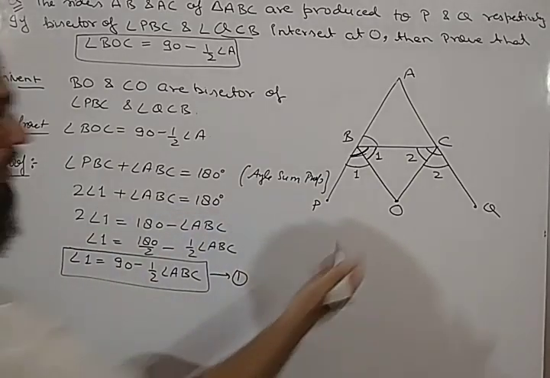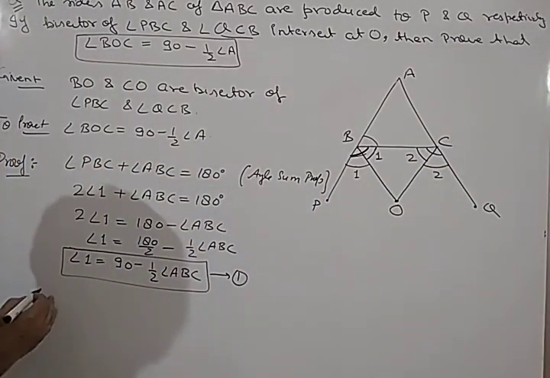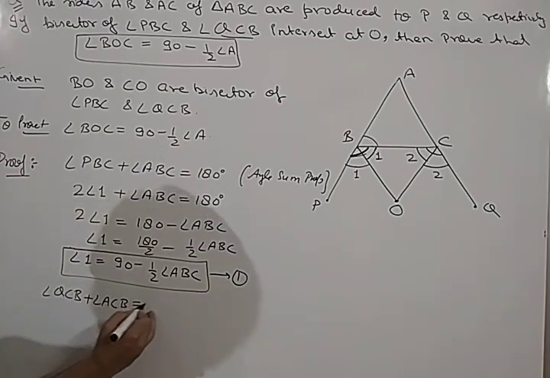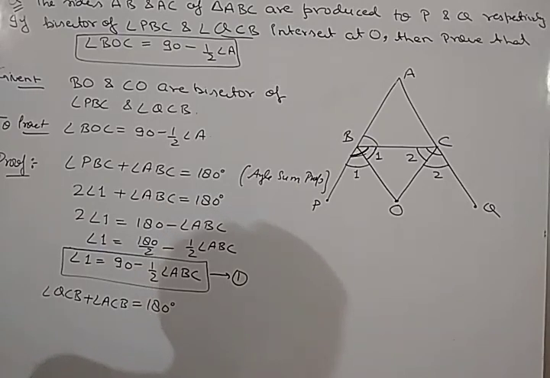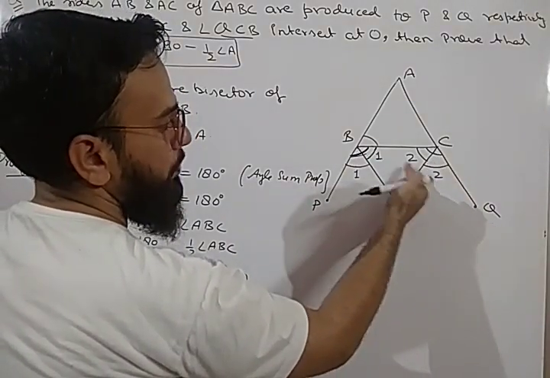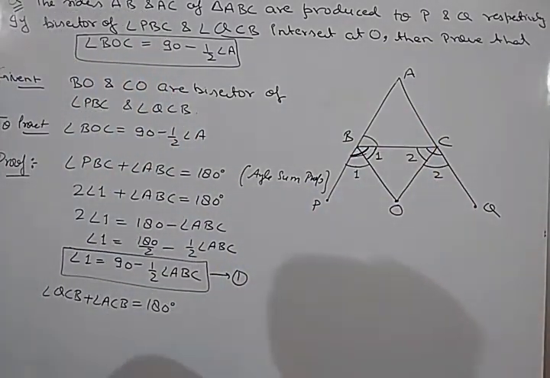Now similarly, on the other side, angle QCB plus angle ACB will be equal to 180 degrees. In place of angle QCB we can write angle 2 plus angle 2, which is twice angle 2.